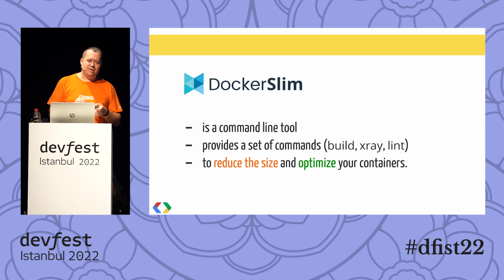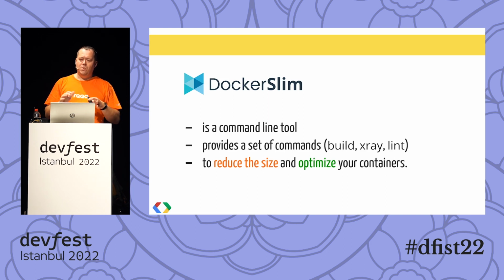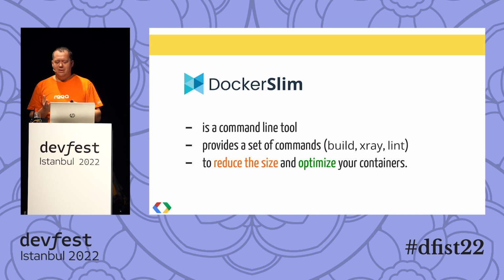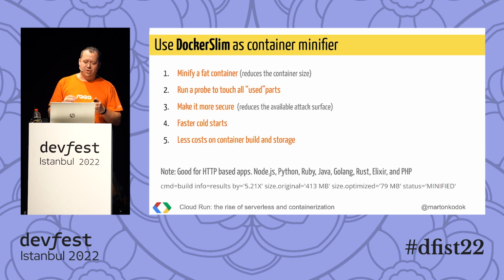As for cold start, you will get 1-2%. It's not half, 1-2% only. But security-wise, the container is swept, and it's keeping only what's necessary for you. And that means that the tampering with your container is very, very reduced. So it makes it much more secure because it reduces the available attack surface.